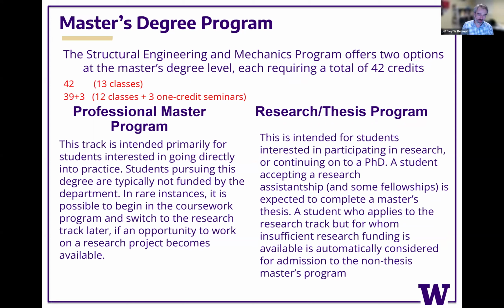I should note, we do allow you to break off 3 of those credits to do various one-credit seminars that you may find within the department or around the university. And for the thesis-based program, it is still 42 credits, but 9 of those credits are thesis.